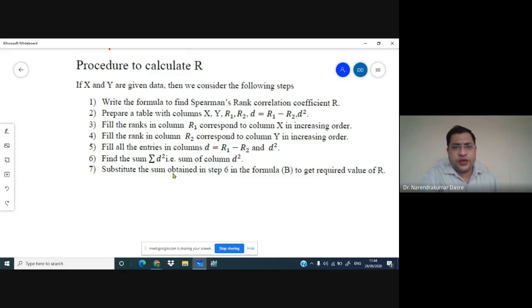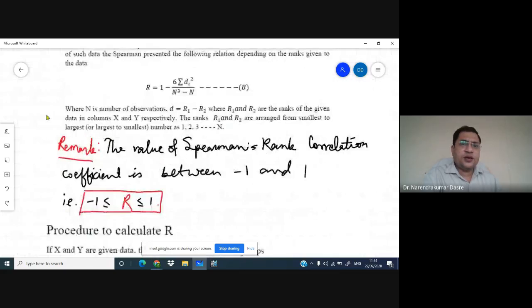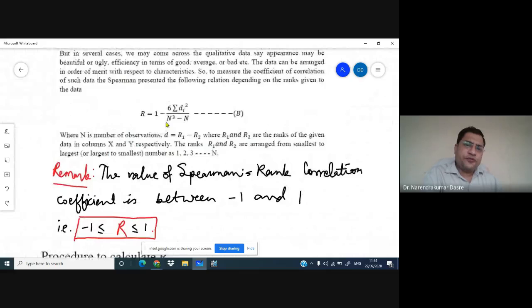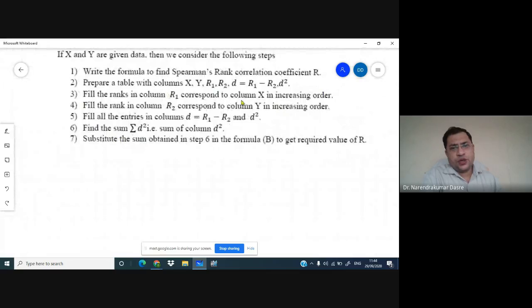Use these values in the formula of Spearman's rank correlation coefficient, and once you are done, you will get a value. So these will be the columns in our table, and this is what we have to calculate. Once we get this value, we are ready to calculate the Spearman's rank correlation coefficient.